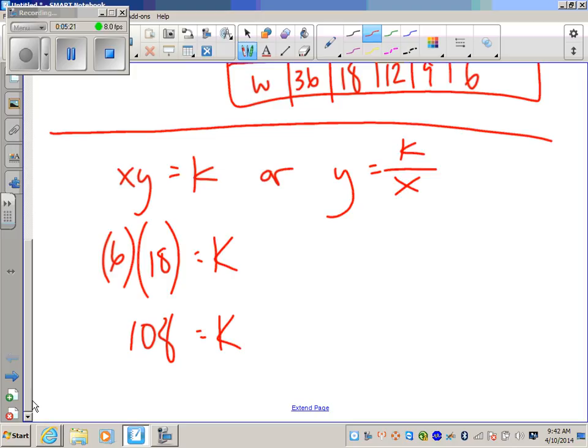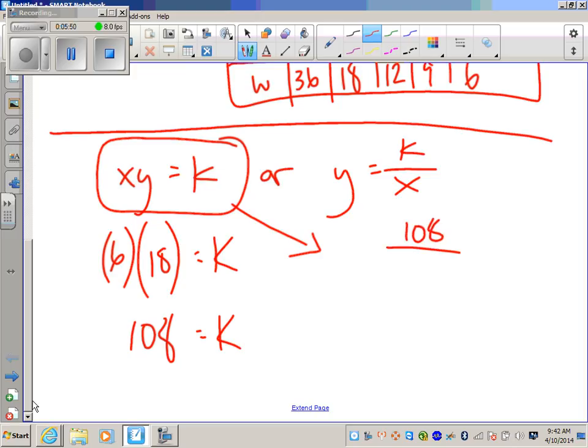So if y varies inversely as x and y equals 6 when x is 18, find x when, I know it's kind of worded weird, then it says find x when y is equal to negative 3. So here's my formula. Let's use this and transfer the information over here. So if 108 is k, and I don't know x, and y is negative 3, okay?